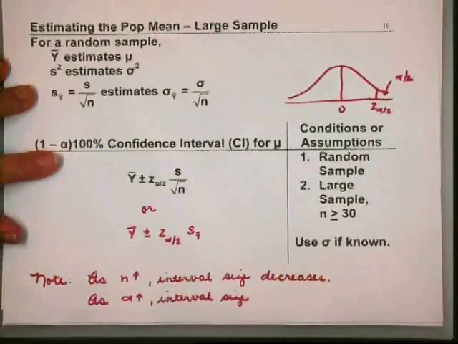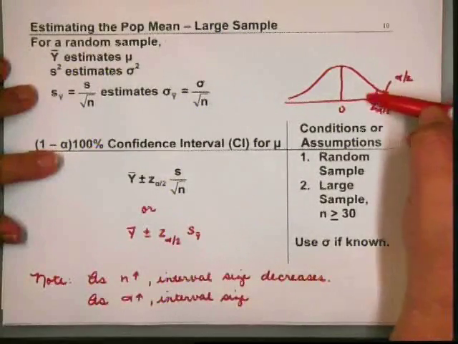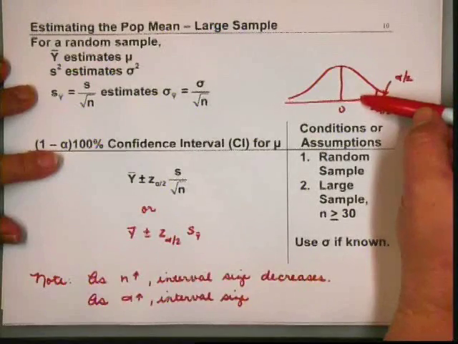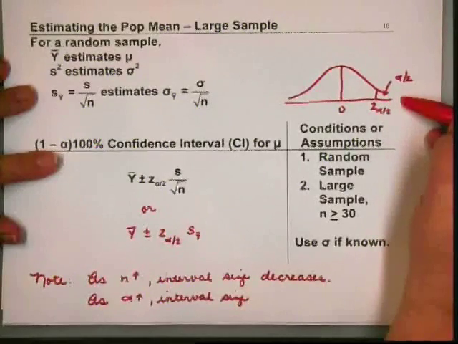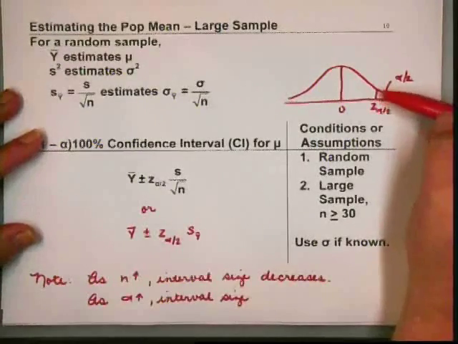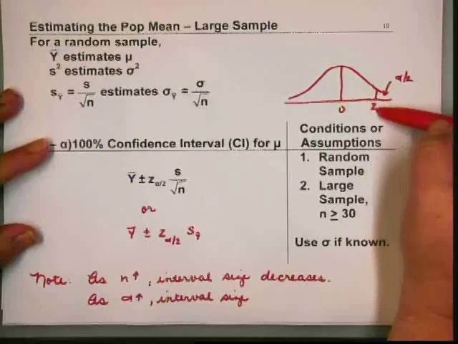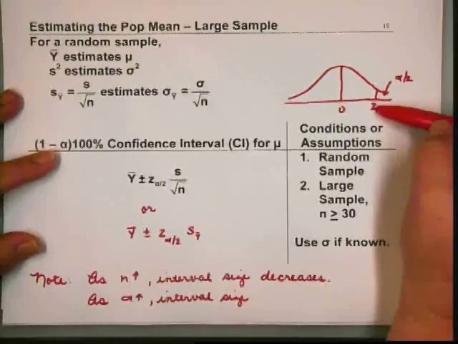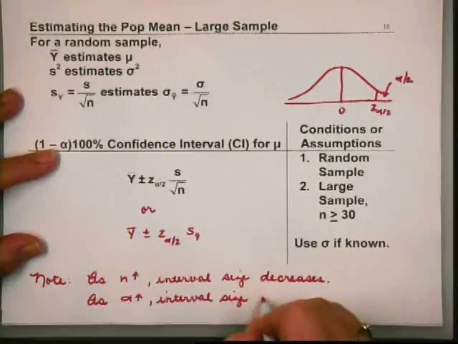If alpha gets bigger, then this z value goes this way. Smaller z. Alpha gets smaller, it comes this direction, right? So as alpha gets bigger, z gets smaller, and therefore the interval size also gets smaller.